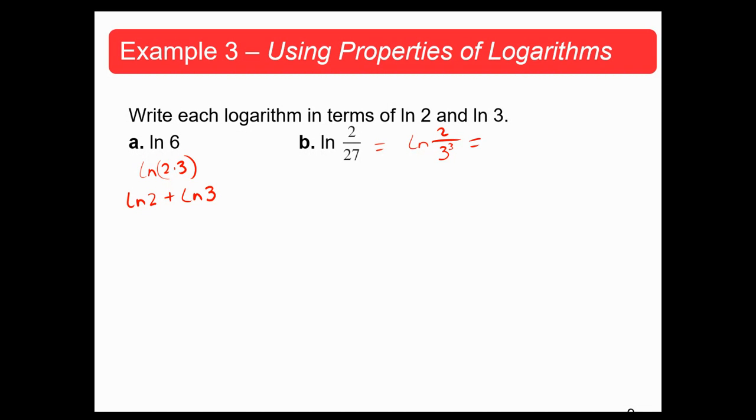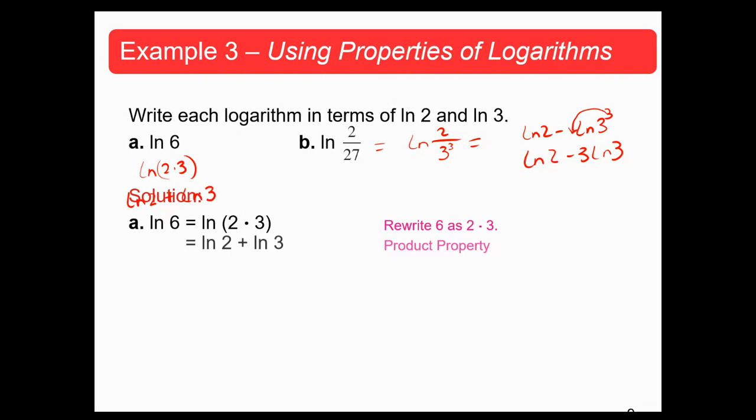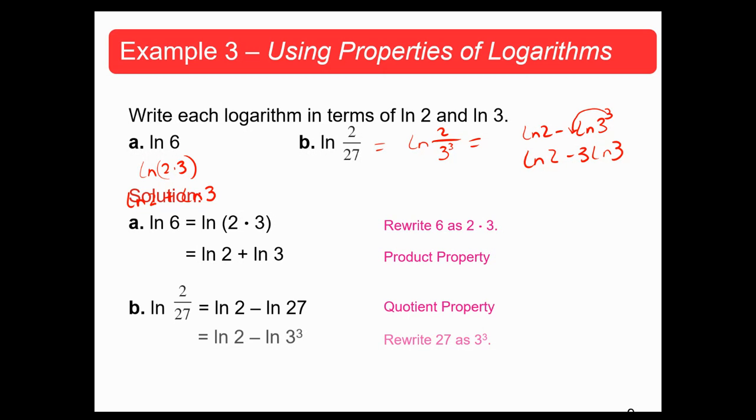So if I were going to write this out, I could say ln of 2 minus ln of 3 to the third. And you could take that down even further because this is to a power, so we can take it to the front. It would be ln 2 minus 3 ln 3. This walks us through that.